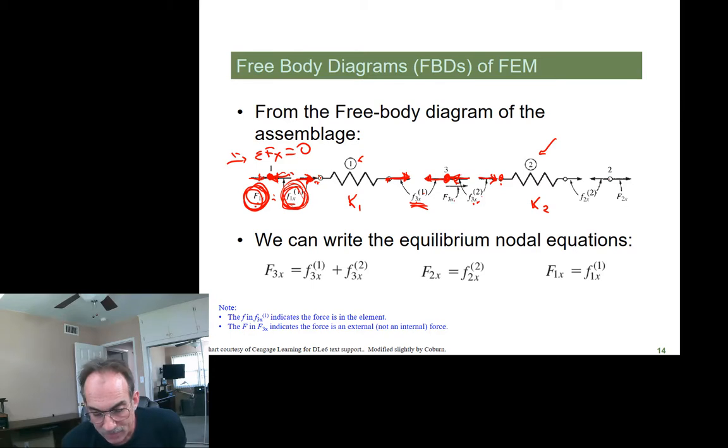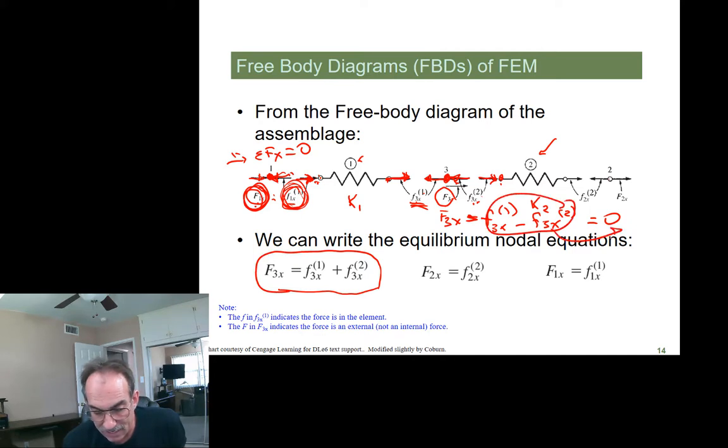Therefore, any external force F3x minus f3x in element 1 minus f3x in element 2 has got to be equal to 0, so we get this equation when we bring both of these terms to the other side.